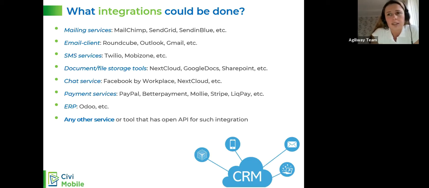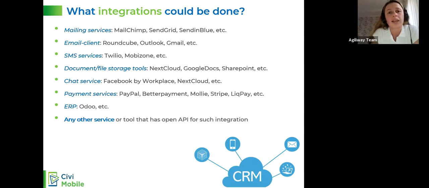We used single sign-on: users filled in their credentials once and logged into the CRM, and there they had access to RoundCube, their mailing, and all the features that CiviCRM allows.